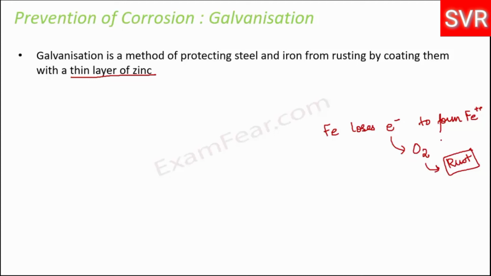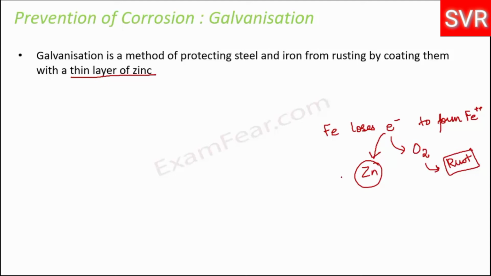Now, what do we do when we put a layer of zinc? What zinc does is, zinc takes away this electron. Therefore, it doesn't allow oxygen to take it, and that is how it doesn't allow rust to form.